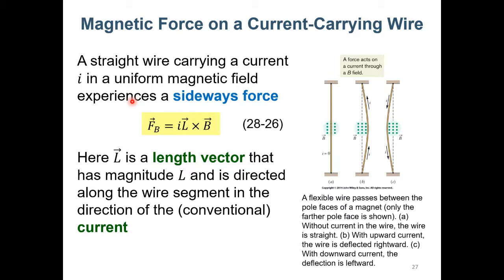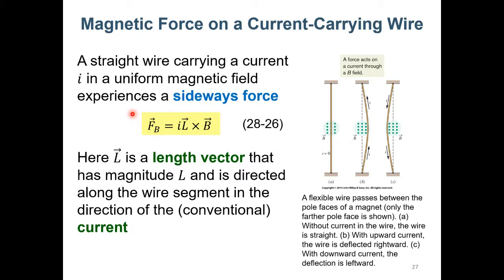Here we talk about a wire with a current going through it, which means there are some charged particles moving in this wire. In this case, there will also be a force acting on this wire if there is a perpendicular magnetic field.